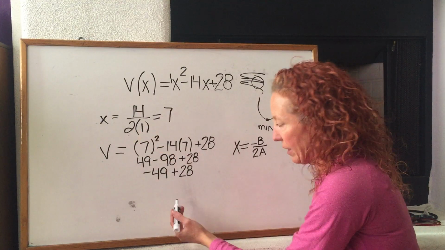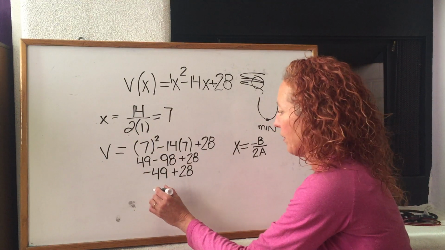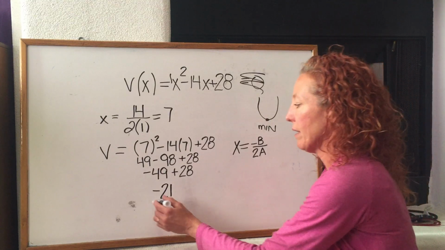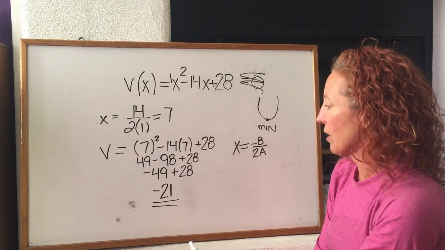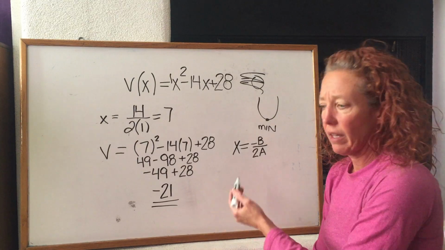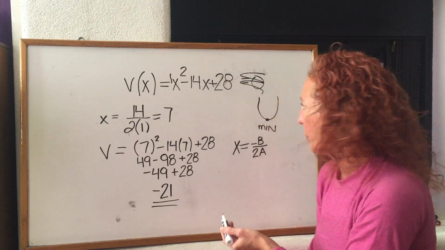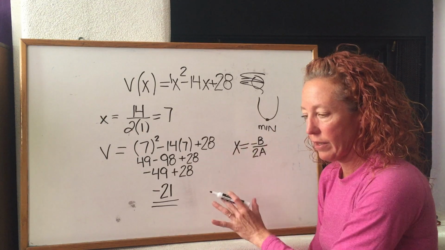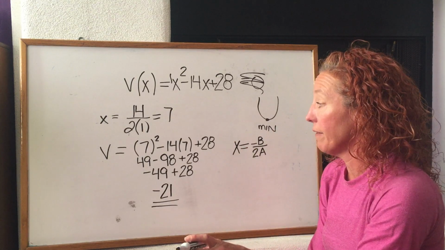So this is the process. I apologize for the goof. We're going to get negative 21. Technically, you cannot have a share of stock that's a negative value. I thought I got this one right out of the book, but I guess I didn't. So this is the process. The one on the test will work out fine.